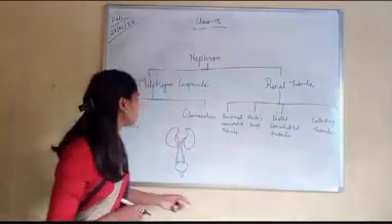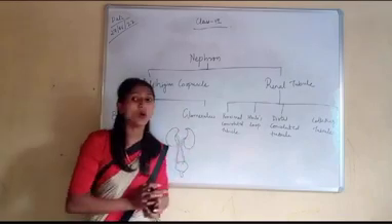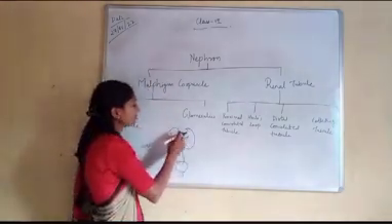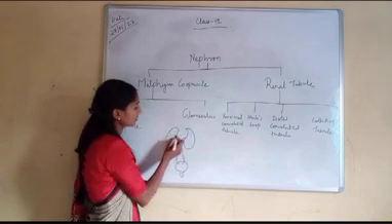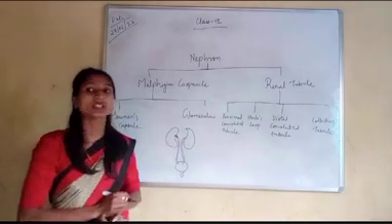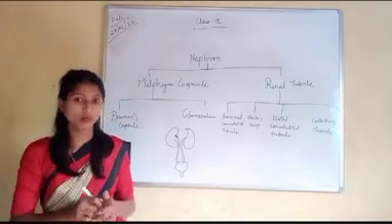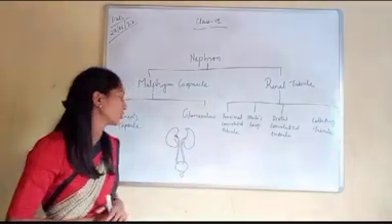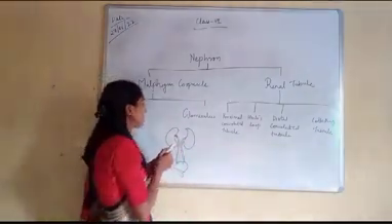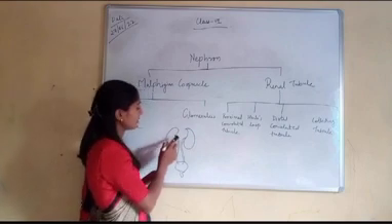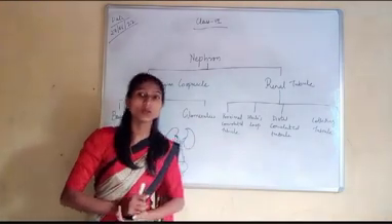Now the collecting tubules of the various nephrons in the kidney meet together in this part, and then they pass the waste products, which contain some water, urea, uric acid. So these are the waste products. They travel down through the ureter from the collecting tubule.